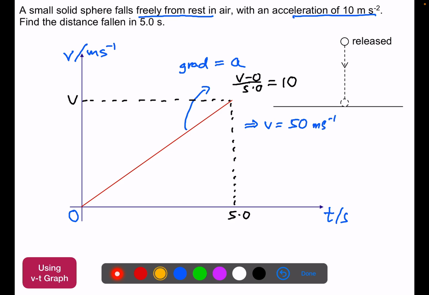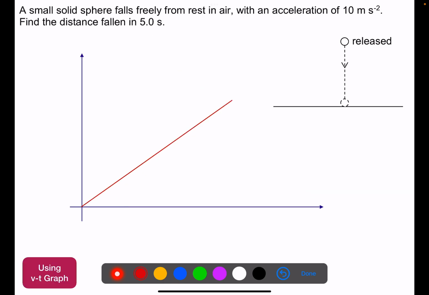Once we have this final velocity, we can proceed to find the distance fallen, which is represented by this area under the graph. For this, we are using another feature of the graph: area on the graph is equal to the distance required, right?